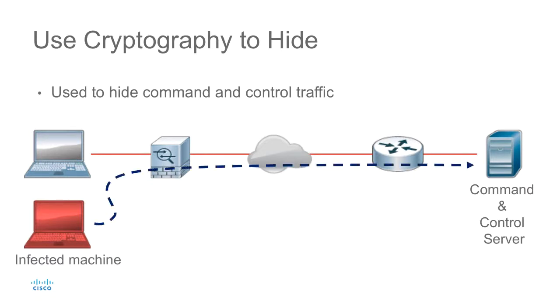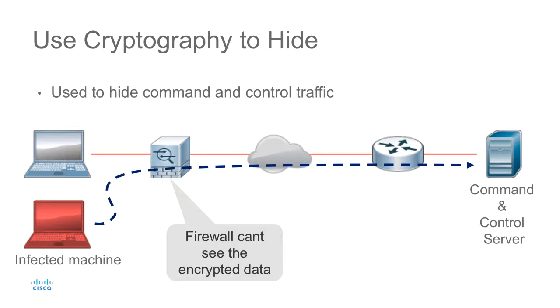And if it does this using an encrypted session, then there's the potential that the firewall can't see the encrypted data. And then we have a problem. So again, this is how cryptography can be used to hide what's happening. And obviously we need to be aware of that as a security analyst.